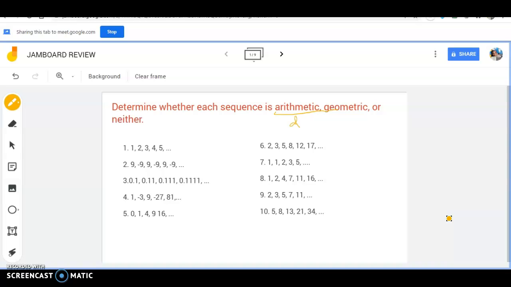Okay? Pag geometric, meron siyang common ratio. Paano natin kinukuha ulit ang common difference? Minus. Ano ang mina-minus or ano ang sinusubtract natin? Okay, very good. We have to subtract the second term and the first term.